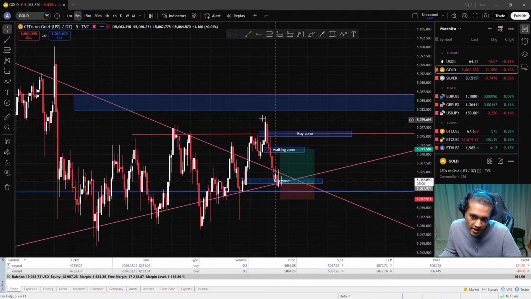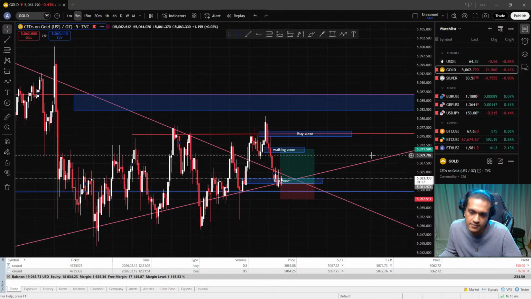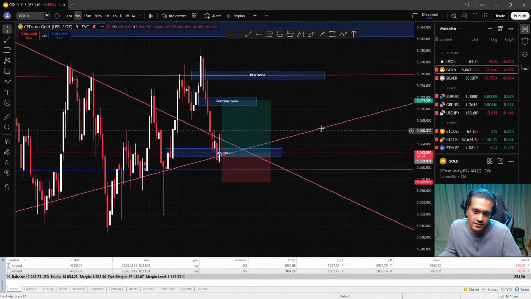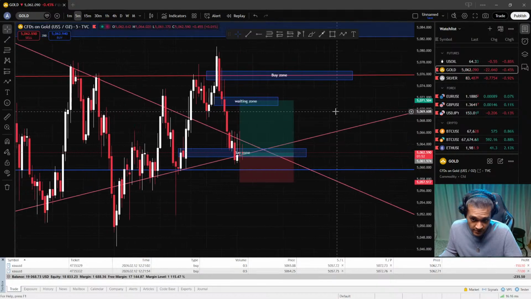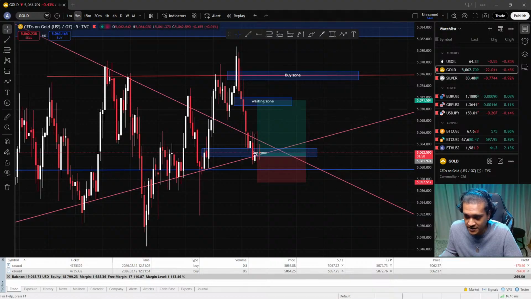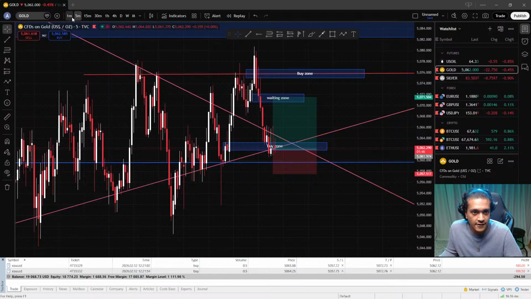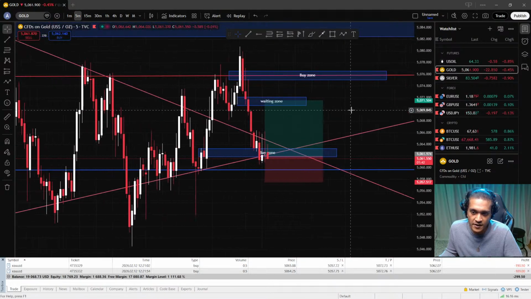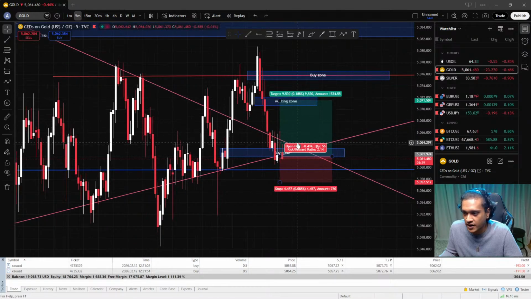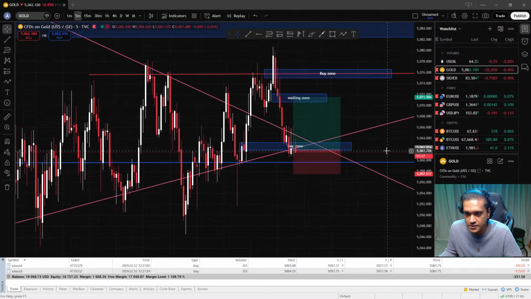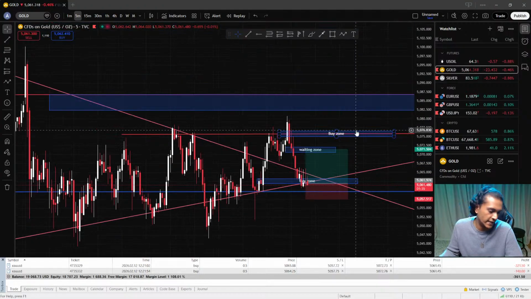So right now we have a breakout, price pulled back, now we enter. Now that we have entered, we are just waiting. We're going to stick to our SL and TP, even though it's showing a strong bearish move rather than bullish. So we're going to stick to it.